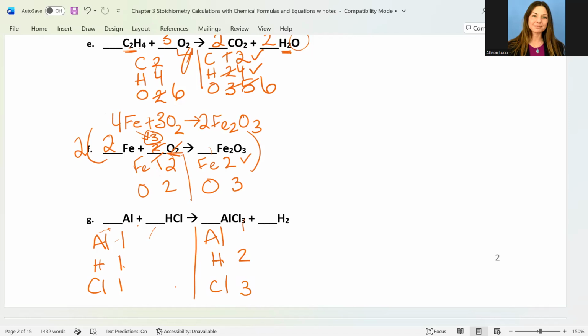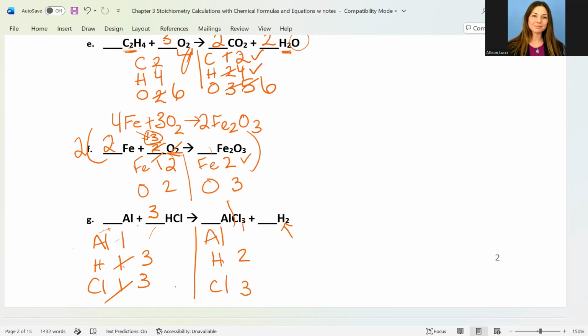Where can we begin? Well, I wouldn't start with the aluminum, and I wouldn't start with the hydrogen because that's all by itself. So let's look at our aluminum chloride here. I need 3 chlorines. Let's update that over here. So now I have 3 and 3. Now, notice my hydrogens. I have 2 on this side, but I need 3. So I wouldn't adjust that quite yet.